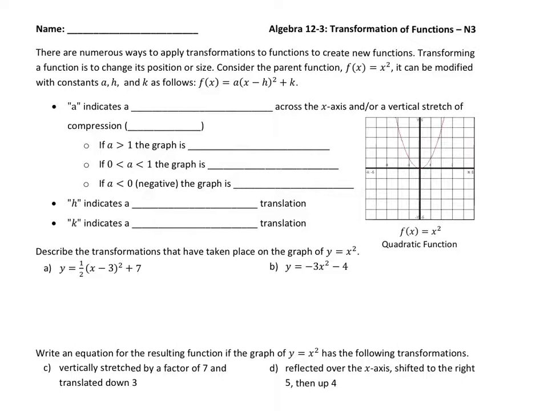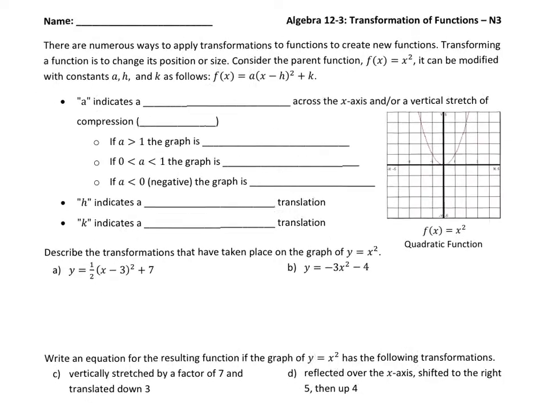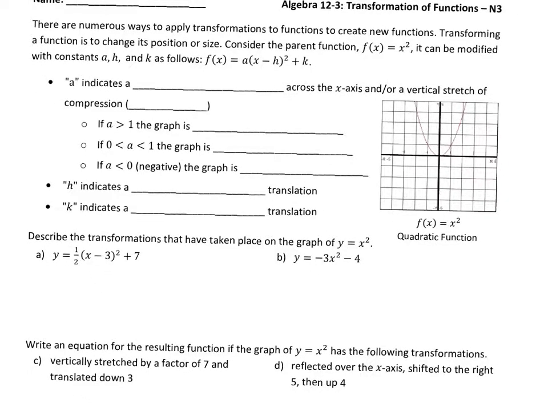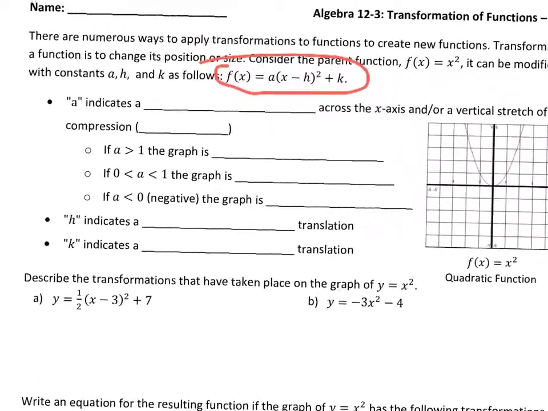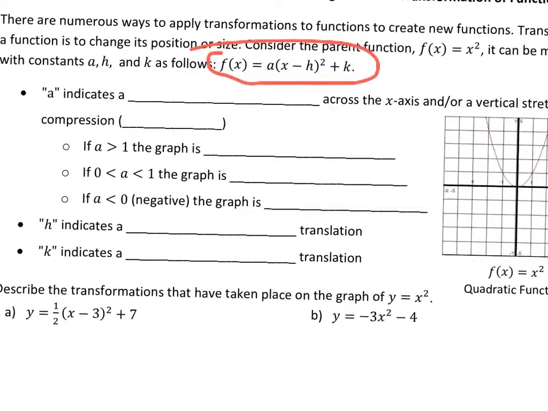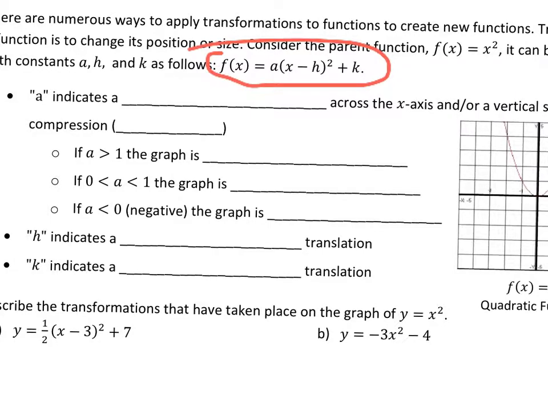So the parabola, the U-shaped graph, in standard form with our constants that change is f of x equals a times x minus h squared plus k. The a indicates, and maybe you can fill this in before I even say it, a something across the x-axis.